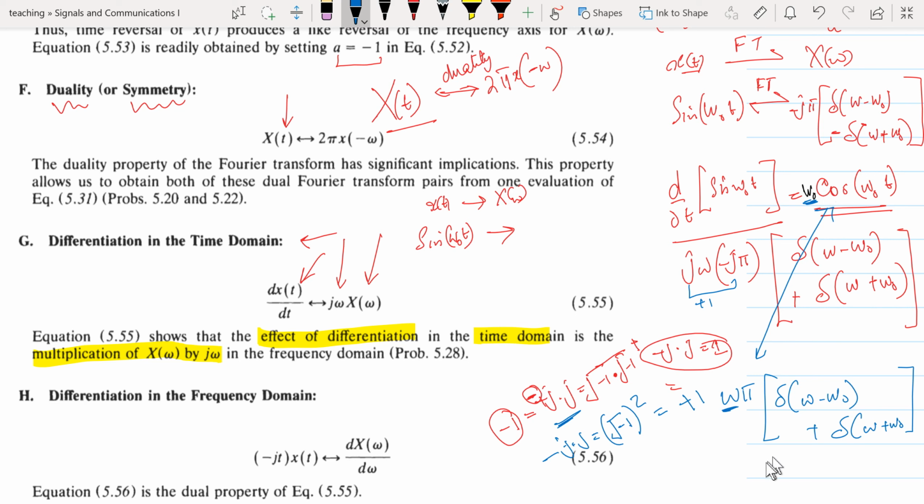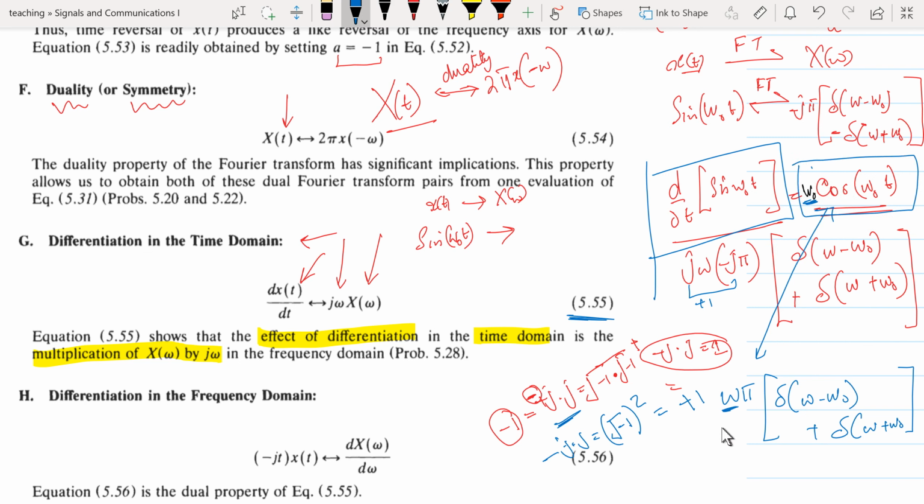So we agree that this equation 5 agrees with what it says, and we have just done a demonstration, although we have struggled making mistakes here and there, but finally we have shown that the Fourier transform of the derivative of sine of omega naught t is going to be equivalent to the Fourier transform of omega naught cos omega naught t, just as we have indicated here.